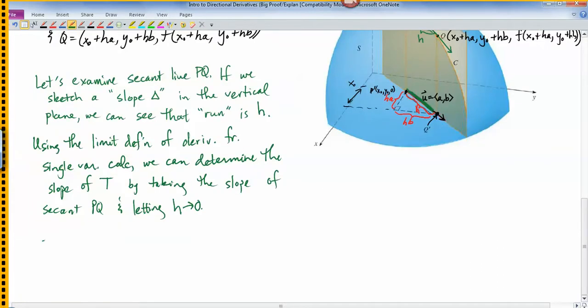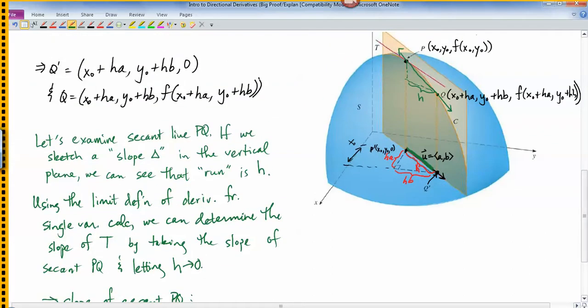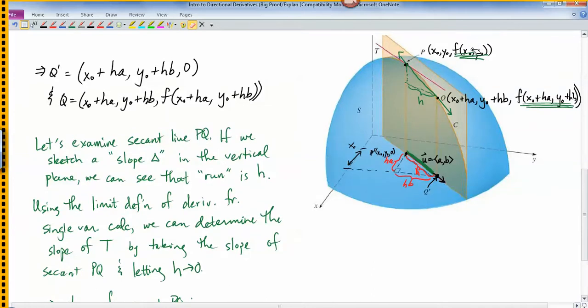So therefore, the slope of PQ, the slope of the secant, is going to be the difference in the z values. Let's do the big one first. So this one minus this one, and then divided by the change in the run, which is h.